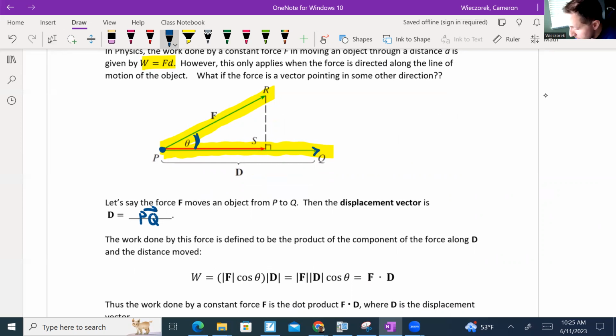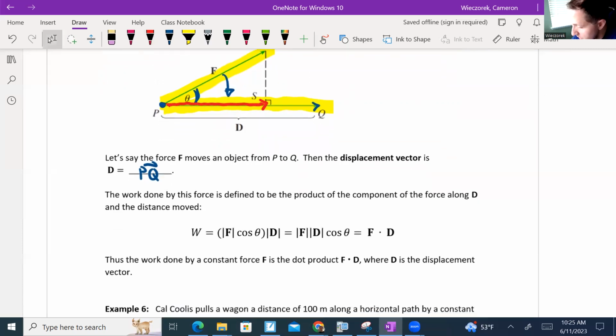The work done by this force, well, it's going to be the product of the component of the force along D. So in other words, that scalar projection of F onto the displacement vector D. So it's going to be the size of this red vector projection here. And so we saw earlier that would be the vector magnitude F times the cosine of theta.